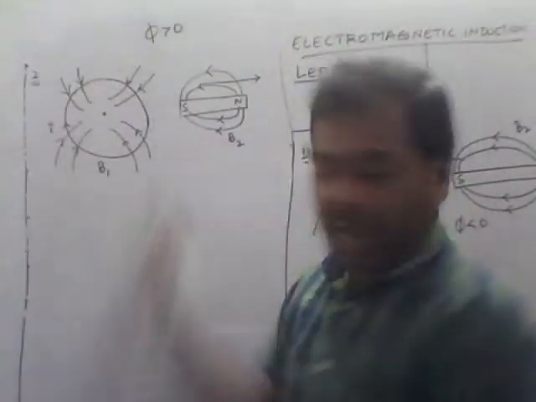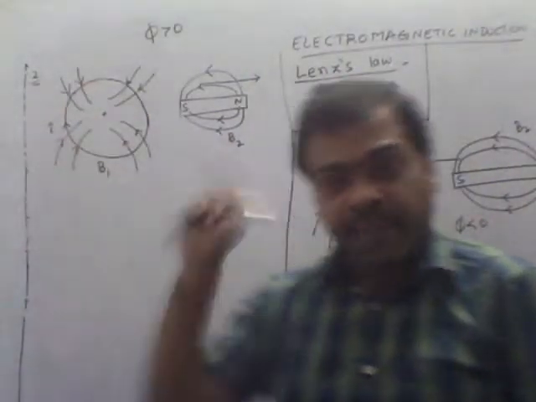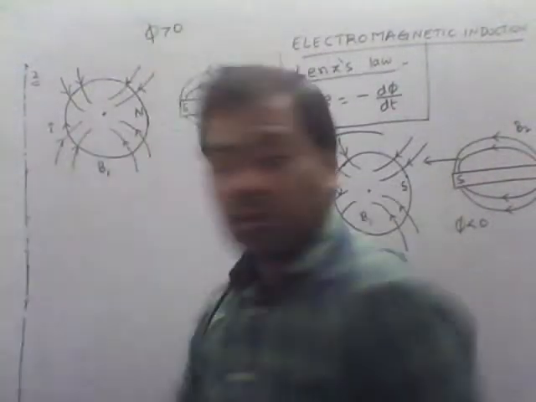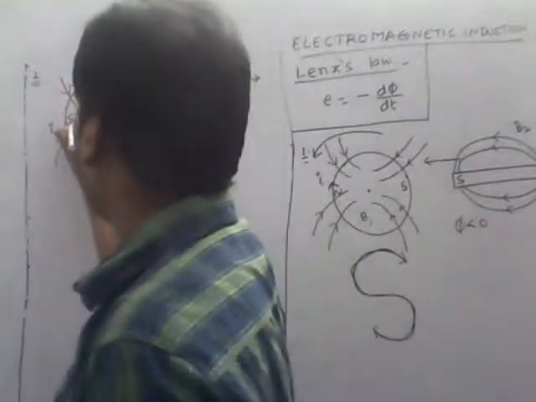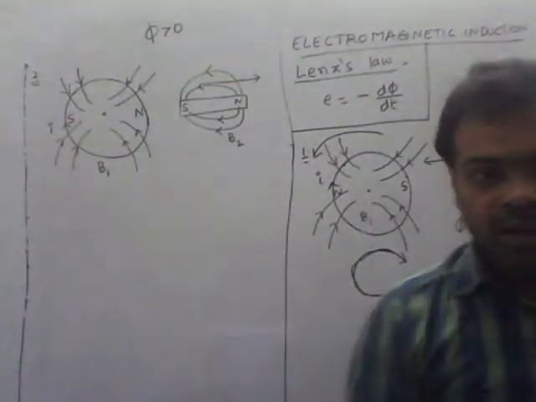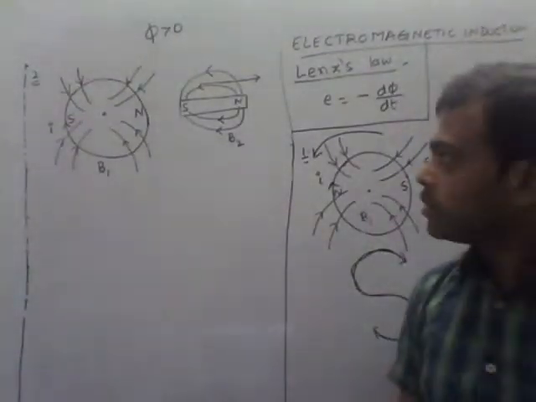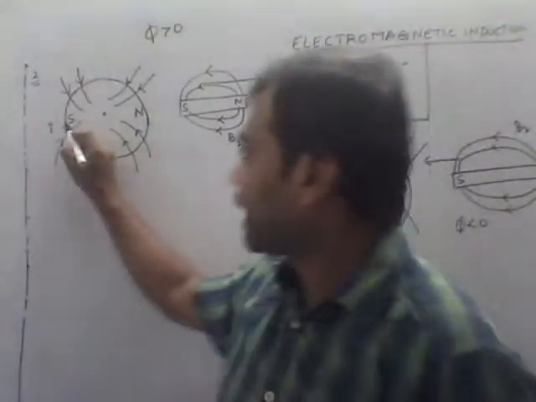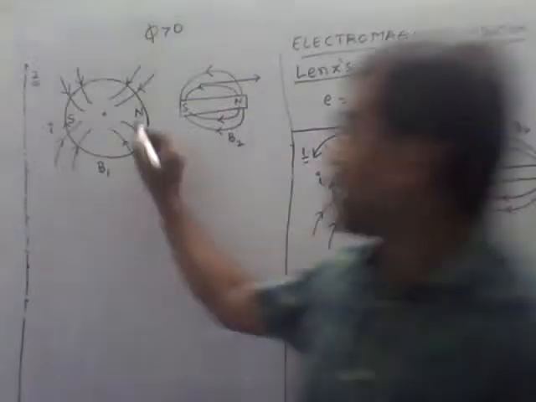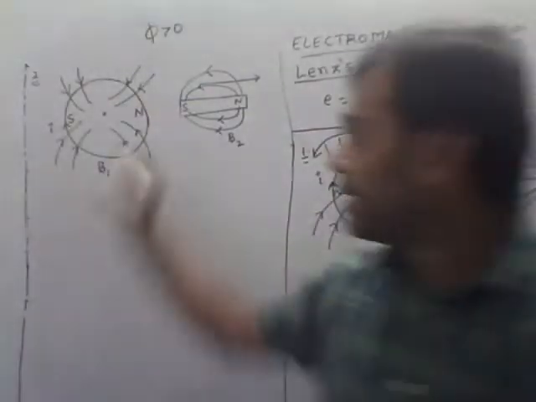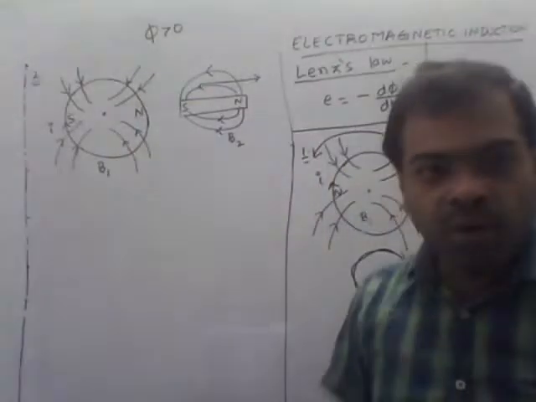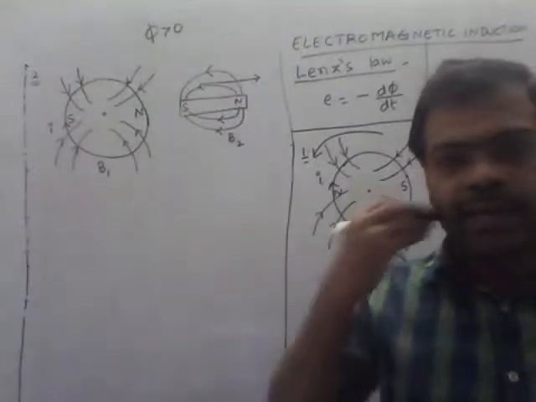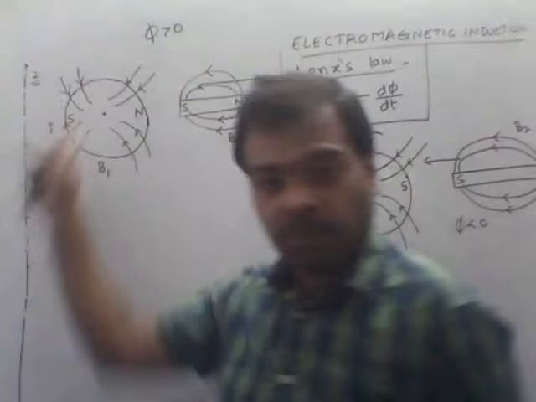So, in order to attract, the coil must attract the magnet. Here we should have a north pole, and here we should have a south pole. Here we are having the current. Now we are having that it is the north pole. So the induced current, here it is from north pole to south pole.